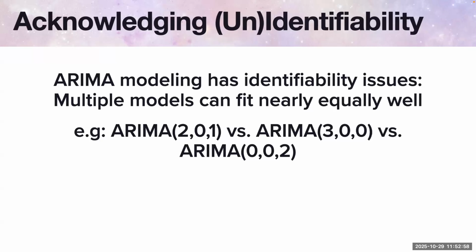Part of this can appear if you over-parameterize these models, and you can start down this rabbit hole: if I add one more AR term, then I get a little bit better. But then if I add 2 more MA terms, I can match that. And so I would really rather not force a decision.